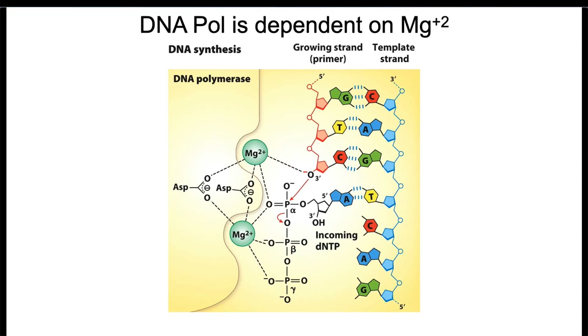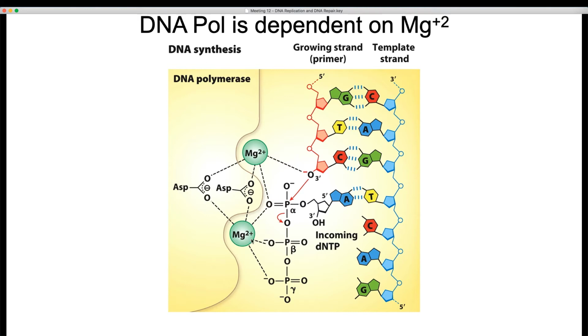DNA polymerase is dependent on magnesium ions. So these are going to be your metallic cofactors here. So we have a magnesium ion here, we have a magnesium ion here. Those magnesium ions are brought into the active site by some aspartates here. And the purpose of these magnesium ions is to properly orient the incoming nucleotide.